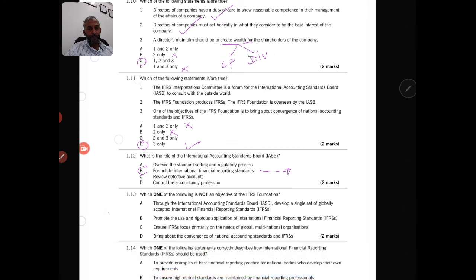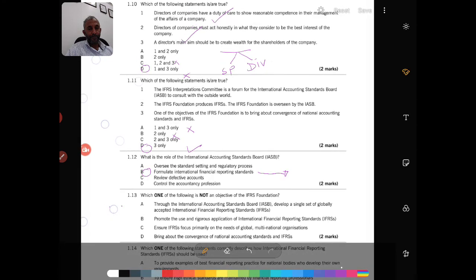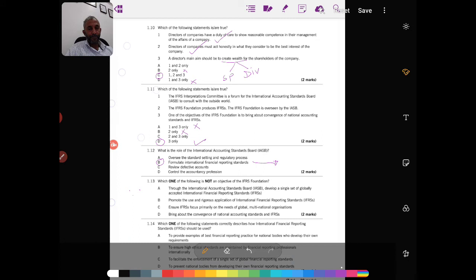And 1.13, which one of the following is not an objective of the IFRS Foundation? We need to find out the one that is not. Through the International Accounting Standards Board, develop a single set of globally accepted international financial reporting standards.